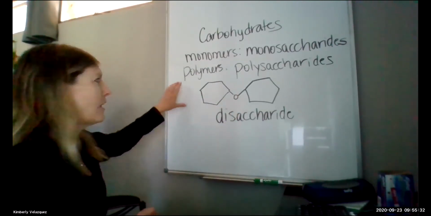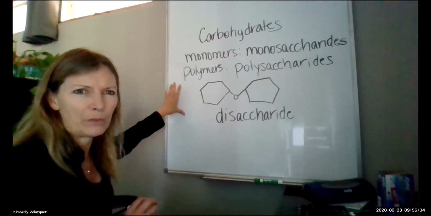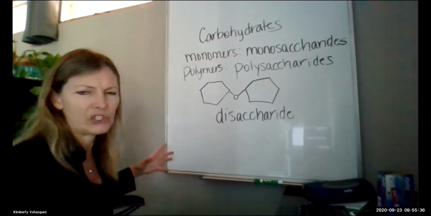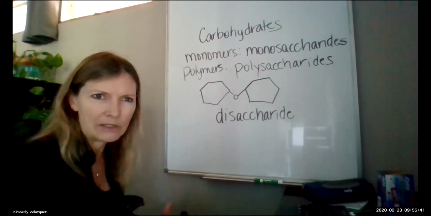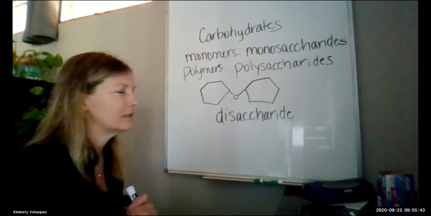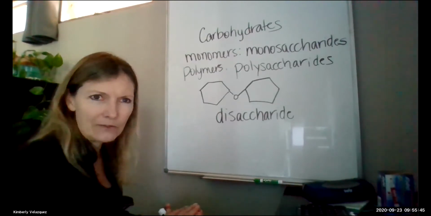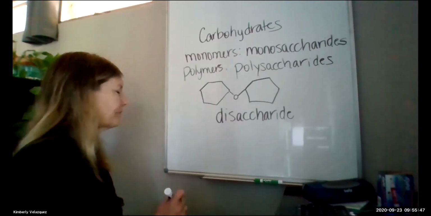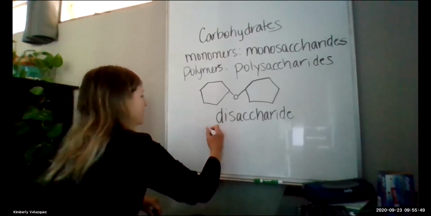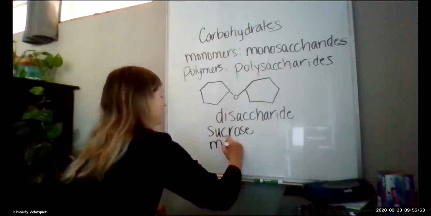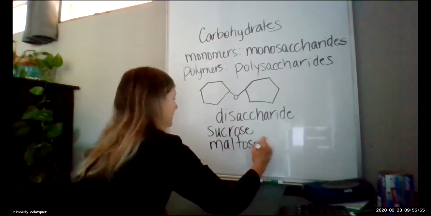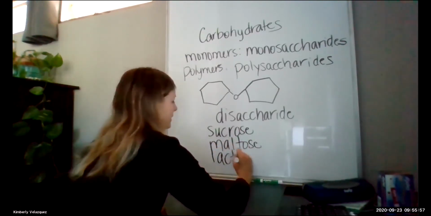It's technically a polymer, but usually when we hear the word polymer, we think of this big long chain of monomers. But in sugars, we actually have disaccharides that are biologically significant. And the three that you're given that you need to know are sucrose, maltose, and lactose. So here's lactose again.